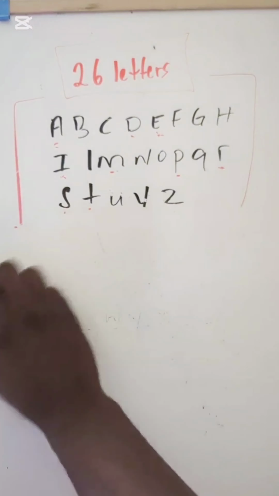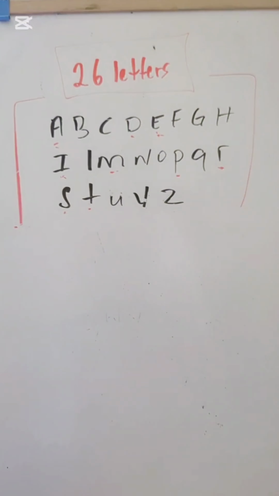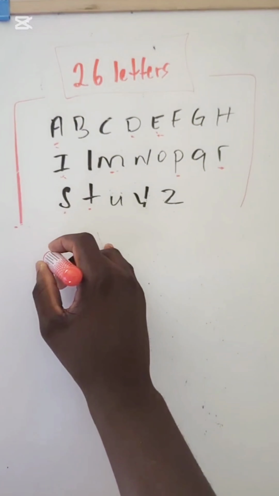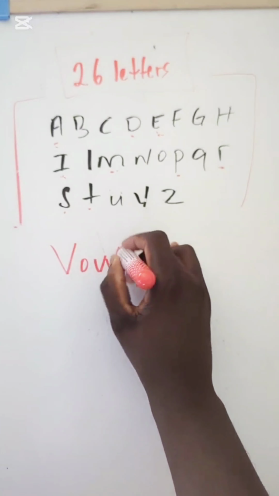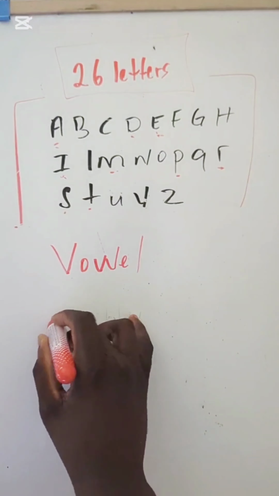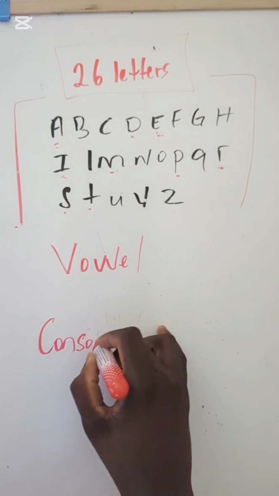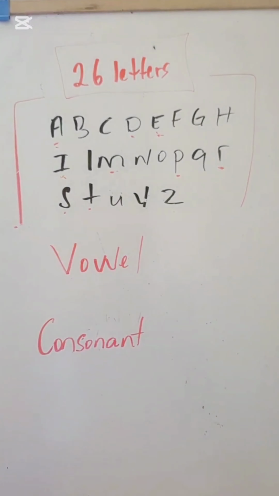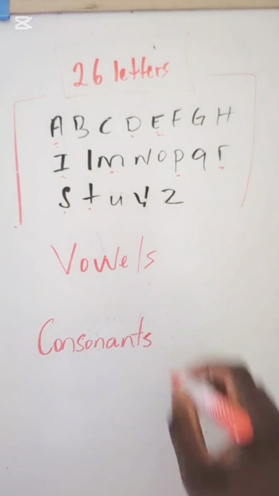Now, the alphabet is subdivided into two groups. One called vowel and one called consonant. Vowels, consonant.